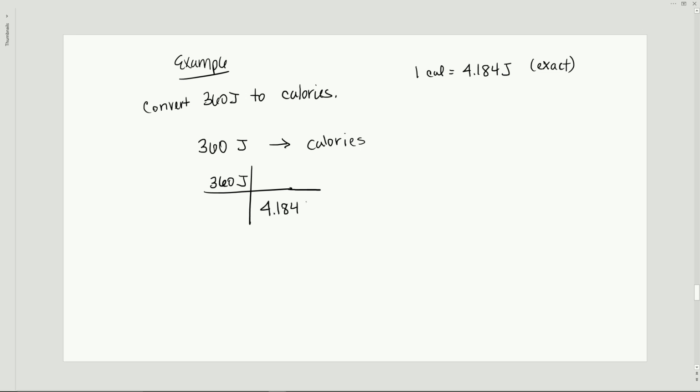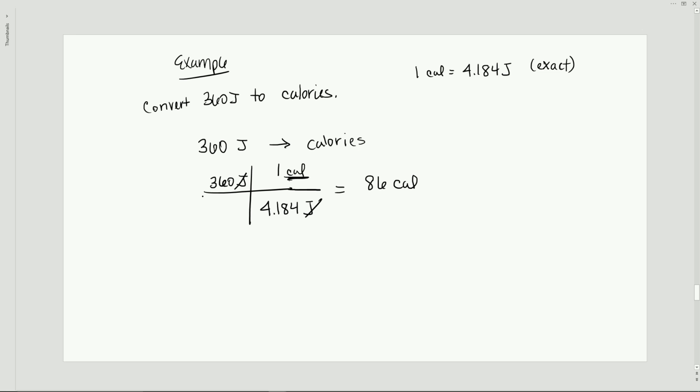So 4.184 joules goes in our denominator, and 1 calorie goes in our numerator. We have joules on the top and joules on the bottom, so those cancel, and we're left with calories. If you do this math with proper sig figs, there are 86 calories in 360 joules.